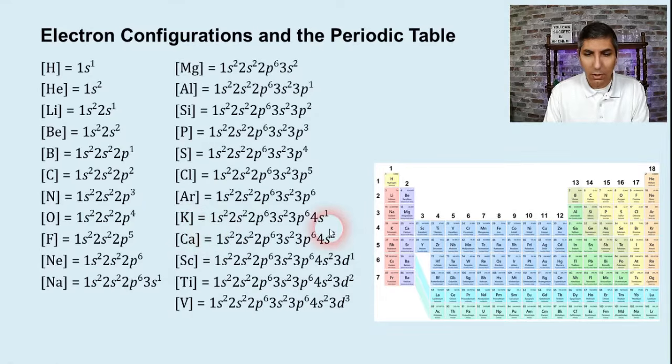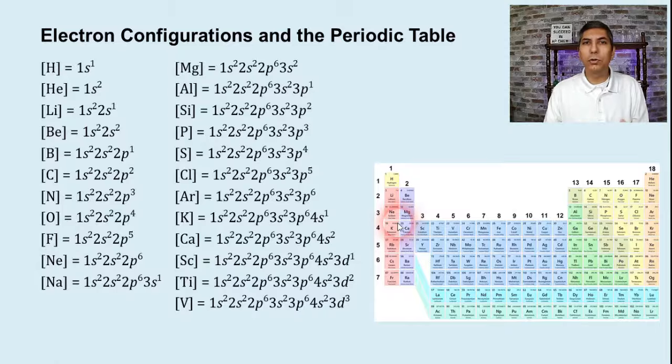Potassium ends with 4s1. So there's a pattern there, isn't there? Now, if you had to guess, what do you think this next element underneath that, rubidium, might end with? Well, if you said 5s1, you'd be correct. And then cesium would end with 6s1, wouldn't it? So we can see a pattern in that group of the periodic table.